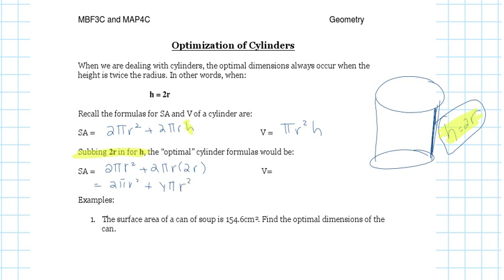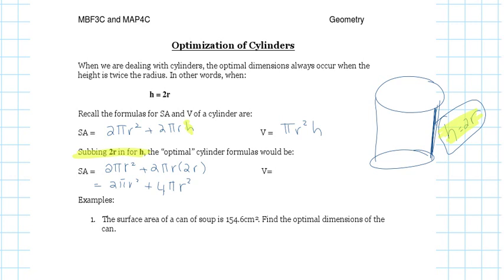Now I have 2 pi r squared plus 4 pi r squared. Can I simplify this? What's 2 pi r squared plus 4 pi r squared? 6 pi r squared, right? So that means my surface area for the optimal cylinder is 6 pi r squared.